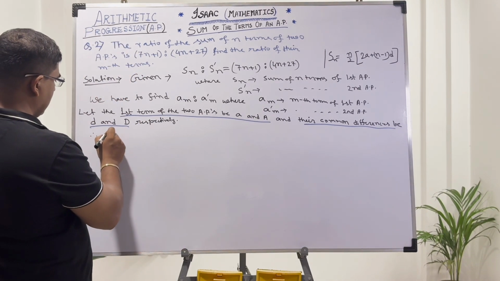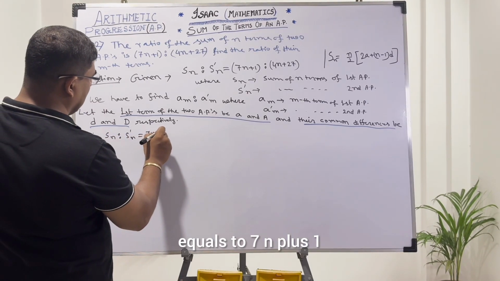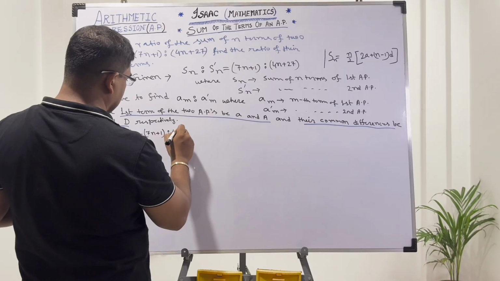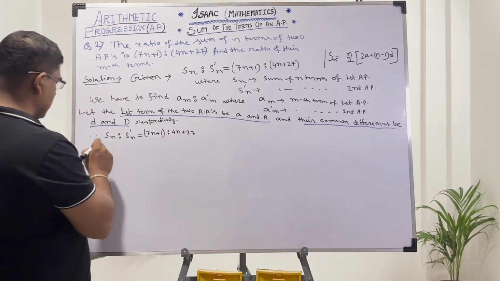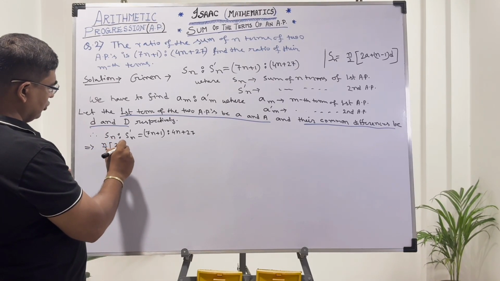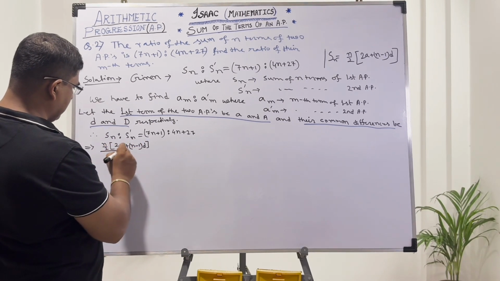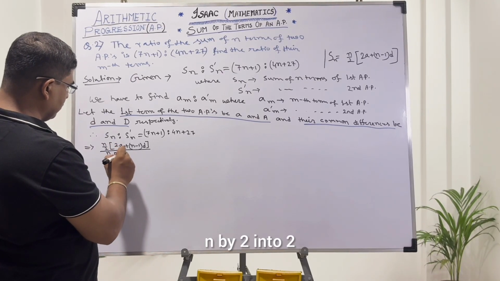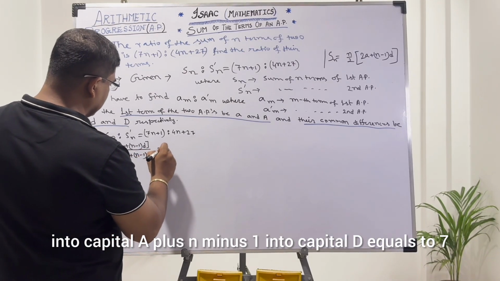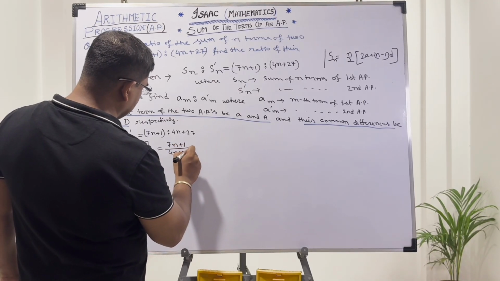So therefore, Sn is to S dash n equals to 7n plus 1 is to 4n plus 27, implies n by 2 into 2a plus n minus 1 into small d by n by 2 into 2 into capital A plus n minus 1 into capital D equals to 7n plus 1 by 4n plus 27.